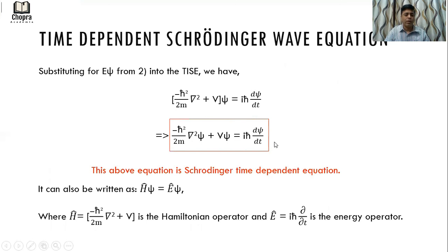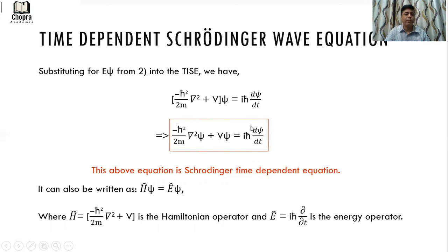So you have minus h cross square by 2m grad square psi plus V psi is equal to i h cross d psi by dt. This equation is known as time dependent Schrodinger equation. You see here carefully, we have replaced the energy eigenvalue with the operator. That is the main difference between time independent and time dependent Schrodinger equation here.